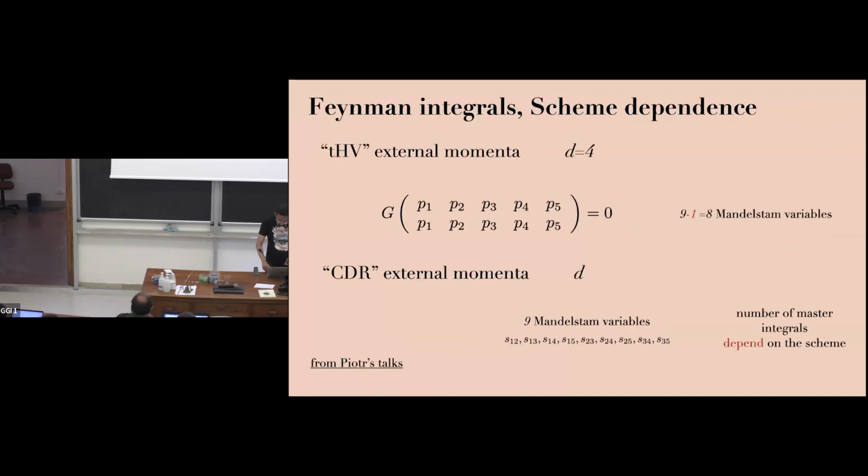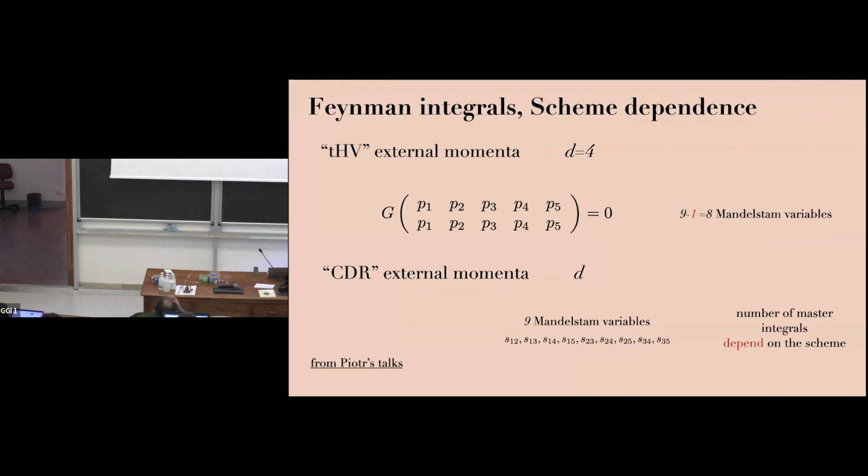Okay, first I want to copy something from Pietro's talk. For two-loop 5-point, everything I would say is still quite standard. But here I still have some question that I don't understand that well, that is the scheme dependence. For this kind of computation, I said I have 8 scales.